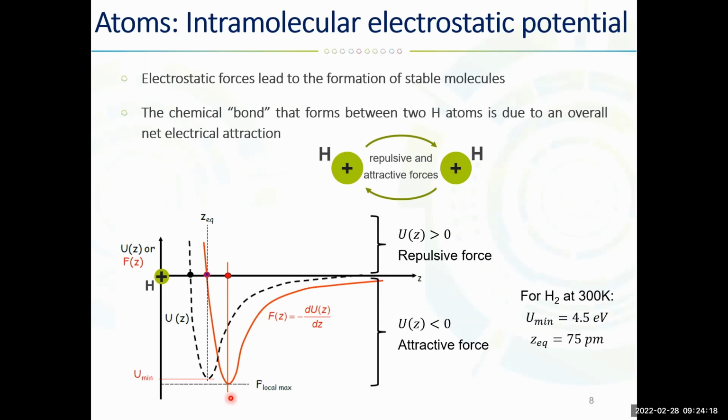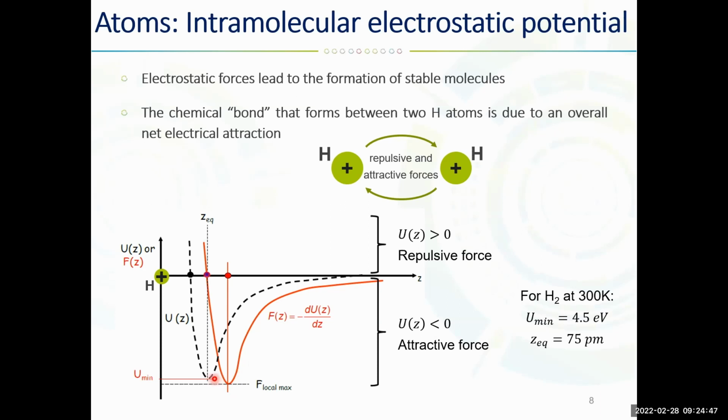So that whole process is again schematically indicated by this graph on the bottom. The dashed curve, the black one, shows the typical electrostatic interaction potential energy between these two hydrogen atoms as they are brought close one to another. As you can see, there will be a well-defined minimum.